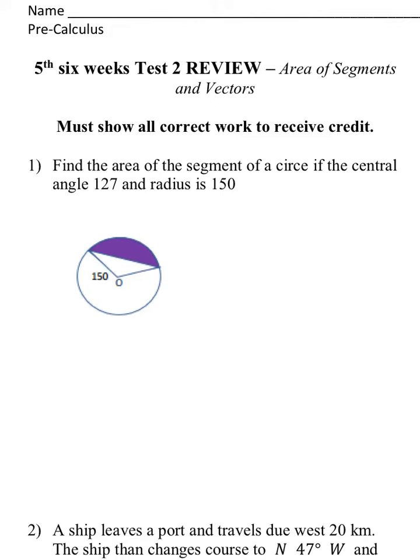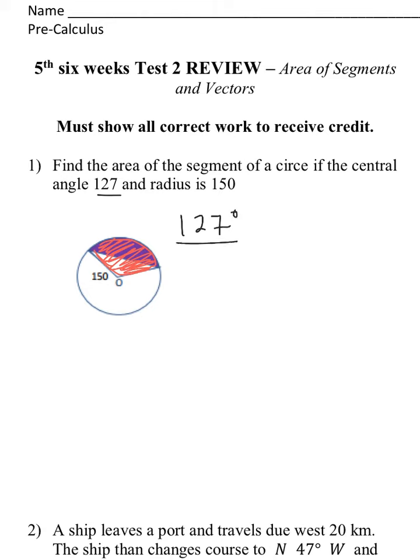Okay, so first of all, we need to find the area of the sector, which is going to be this whole piece right here of the circle. We need this area right here first. So the formula for that is going to be, we're going to take the degree measure, 127 degrees.